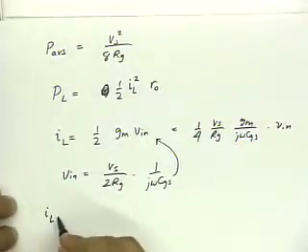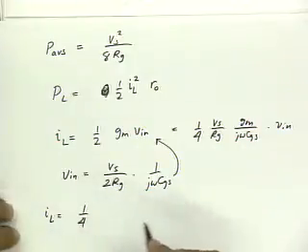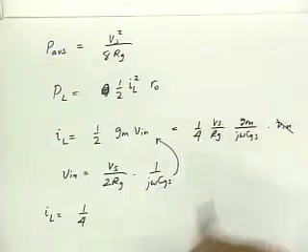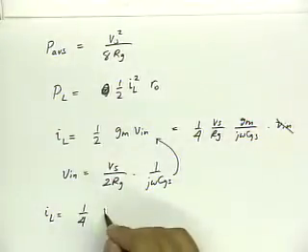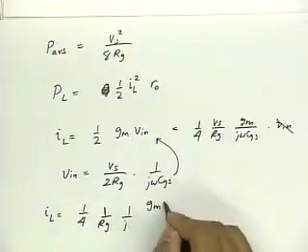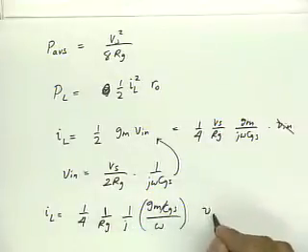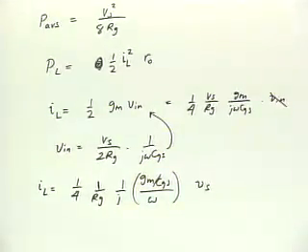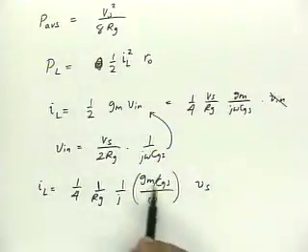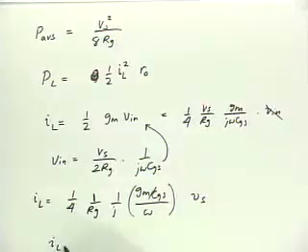And so the load, I could write that as 1/4, 1 over Rg, 1 over j, Gm over CGS over omega times Vs. And of course we recognize Gm over CGS to be the omega t of the device.